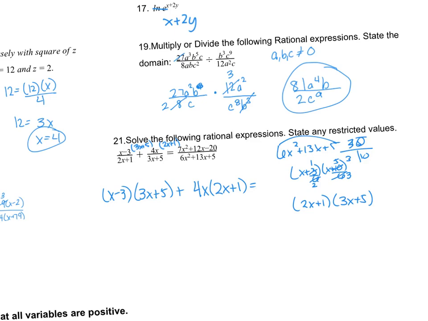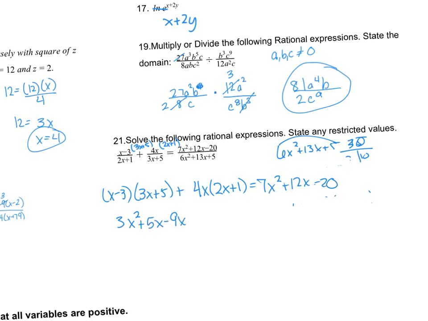Let me get rid of this. Minus 20. Let's FOIL these. 3x squared, that's my first. My outer is plus 5x. My inner is minus 9x. My last is minus 15.